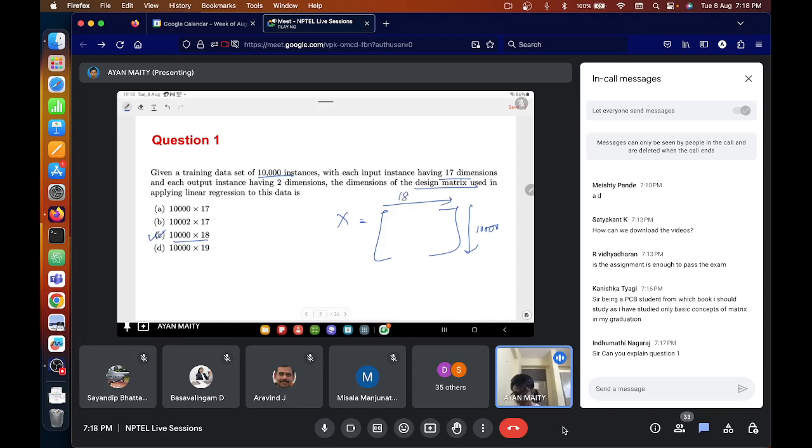So 17 input features are already there in the input data, and we have to add one intercept feature as extra. The intercept is not included in the training data, so you have to add it to the design matrix. That's why 17 plus 1, that is 18, would be the number of columns in the design matrix. That's how we get 10,000 cross 18 as the dimensions of the design matrix.